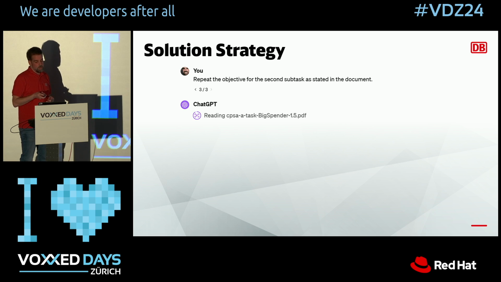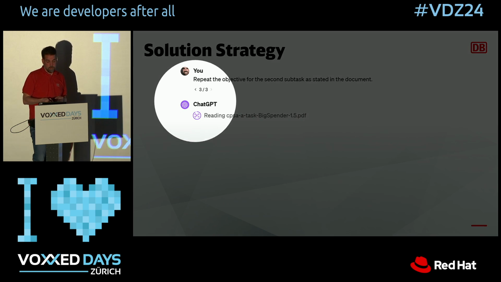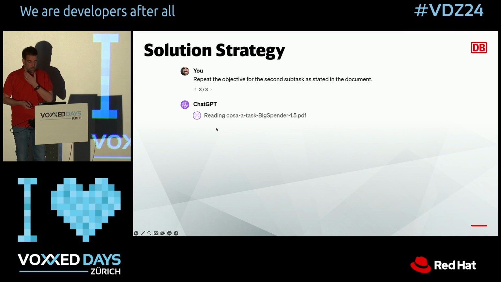When I said repeat the objective for the second subtask without as stated in the document, it wasn't correct. So I added this, as stated in the document. And as you can see, it then started to again look up the document.